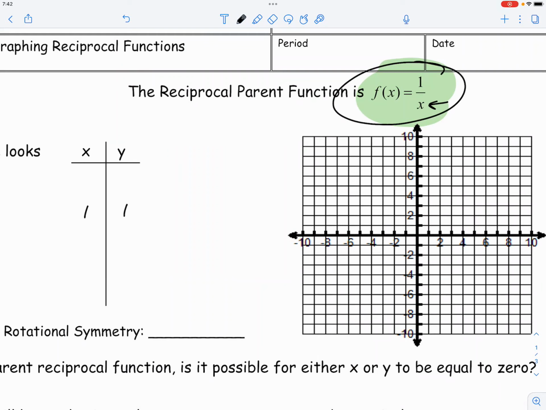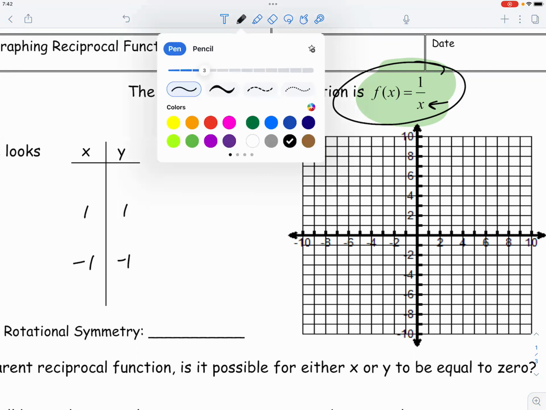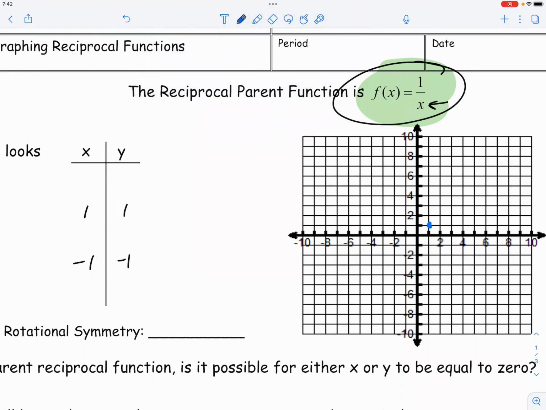Because I'm going to put something in between 1 and -1. So just go ahead and leave a little bit of gap. What about 1 over -1? -1, right? So now we can go ahead and plot these 2 points. And these two will be the main points that we will show.